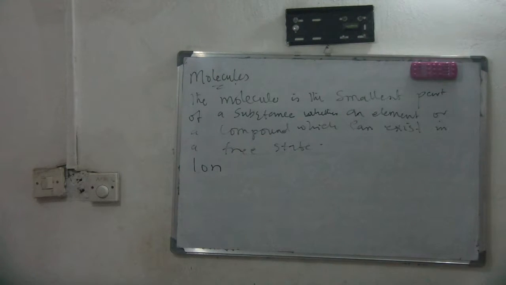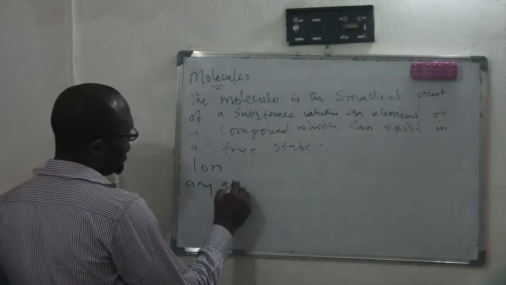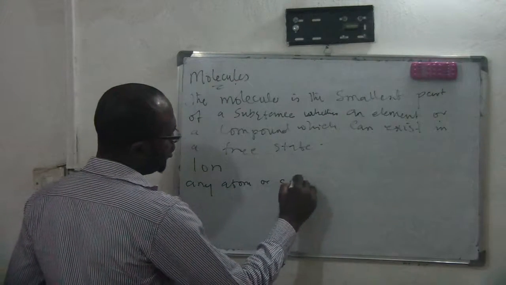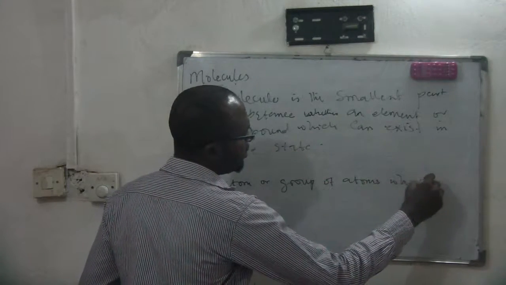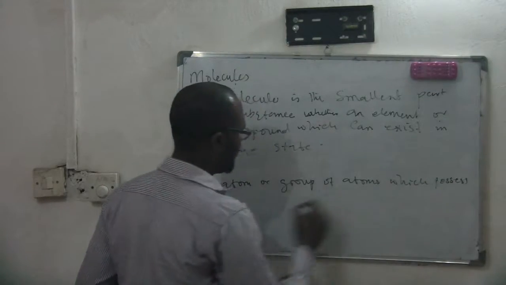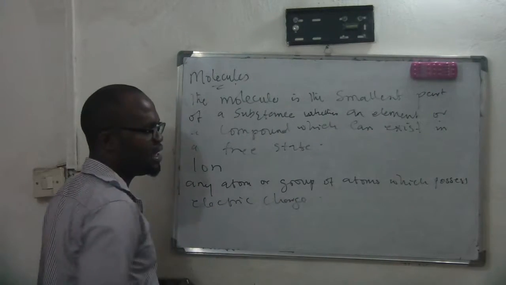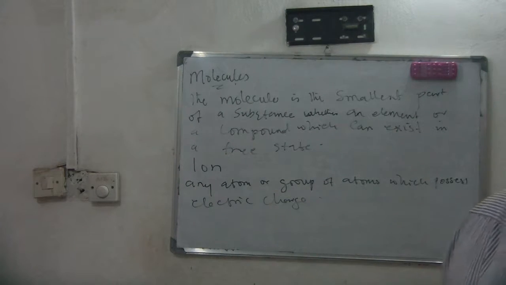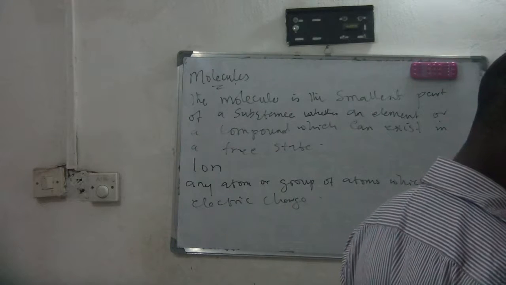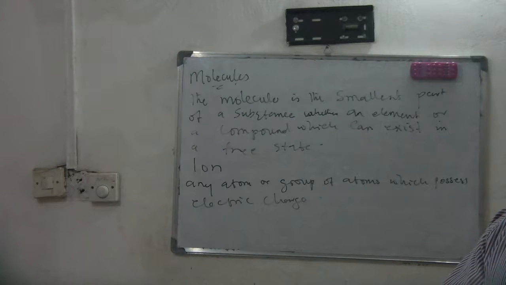An ion is any atom or group of atoms which possesses an electric charge. That is the normal state when you have what we call ionic combinations. Is that clear?